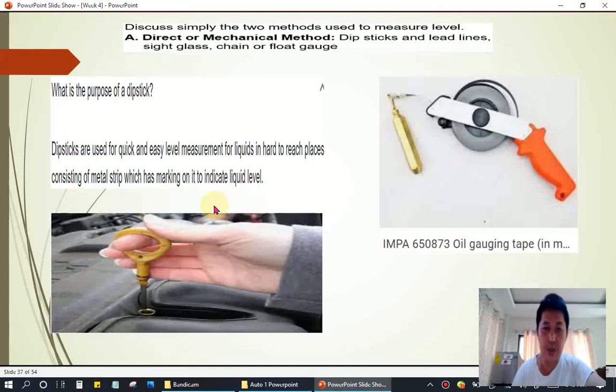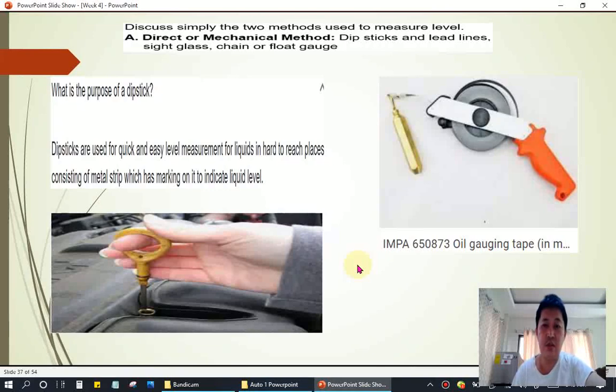One example is your car engine. You remove the dipstick and check the actual level of your lubricating oil, the oil of your engine. On board the ship, for the small engines, such as the generator engine, we also use a dipstick to measure the level.